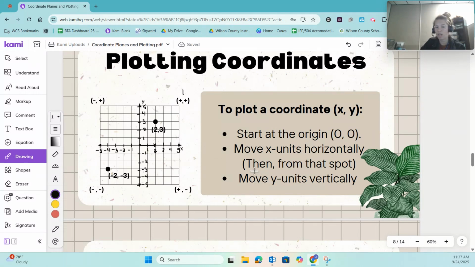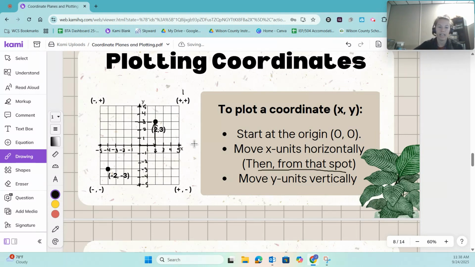Then from that spot, you move y units vertically. In this case, my y is 3, so I went up 1, 2, 3, and that got me right where that point is. You just hover over that spot and go up, and you can see that it lines up with the 3 on the y-axis. So 2 on the x-axis and 3 on the y-axis, and we plot the point where those two would intersect.